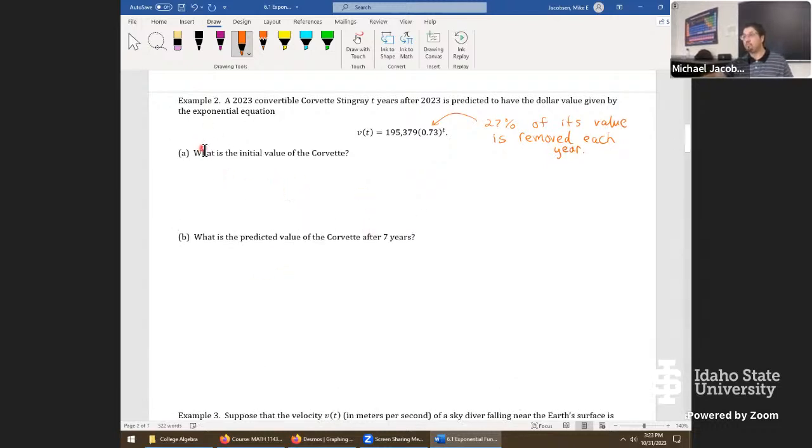But now we need to know, what is the initial value to get through this problem? Has anyone spotted that dollar amount? Awesome. Any volunteers for what it would be? Exactly. So the moment you see this right here, it's really a vocabulary question.